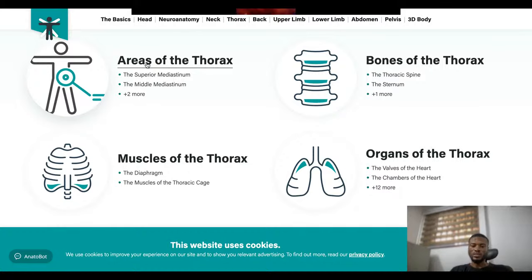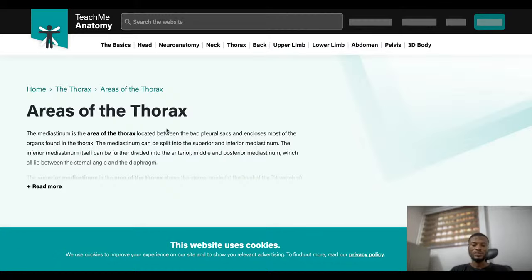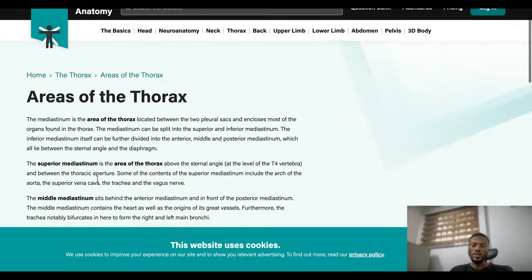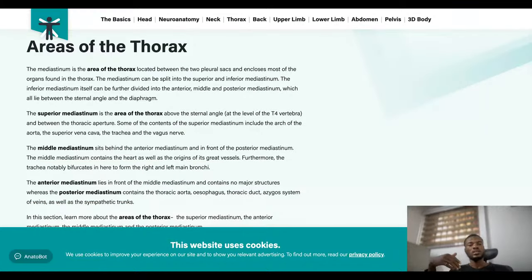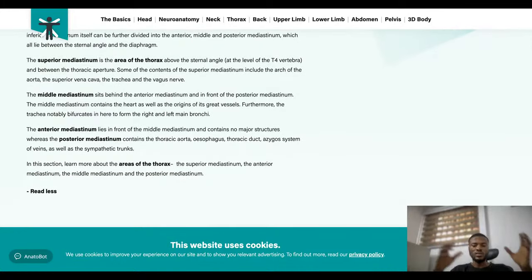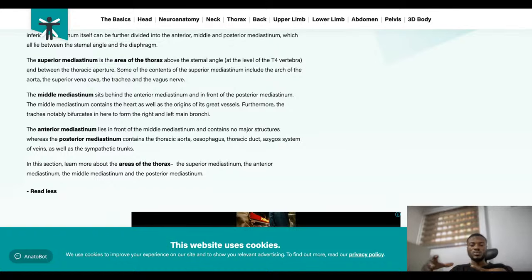Areas of the thorax. Okay, let's look at the areas of the thorax. The thorax is divided into areas. We have what? The superior mediastinum, the middle mediastinum, the anterior mediastinum, the posterior mediastinum. All of these you are supposed to know, and you are supposed to know which organs are there.